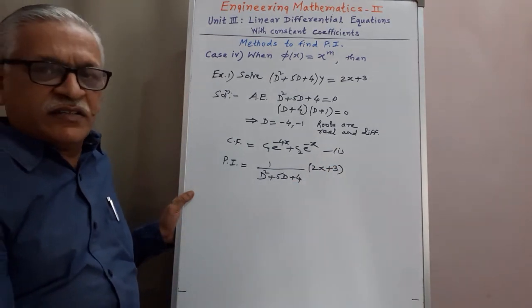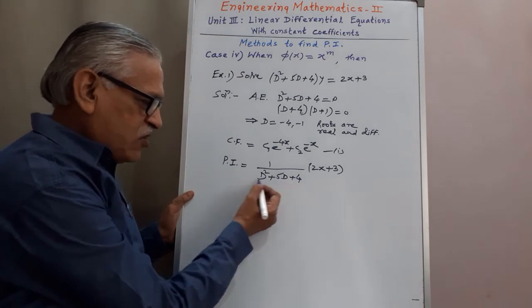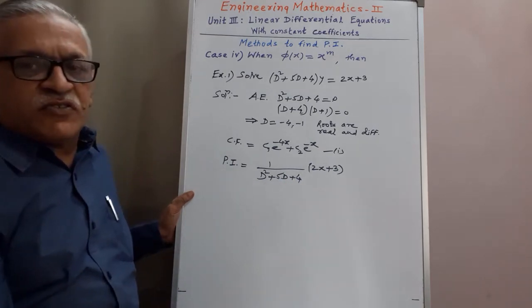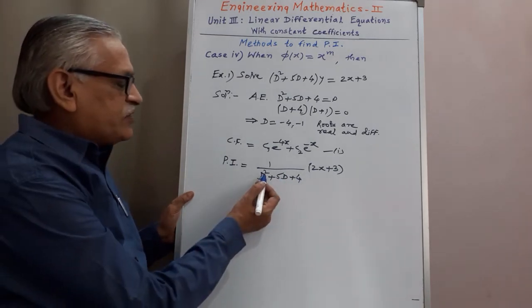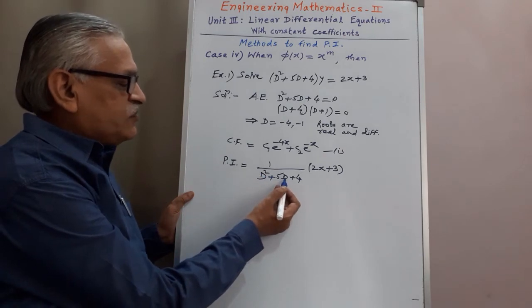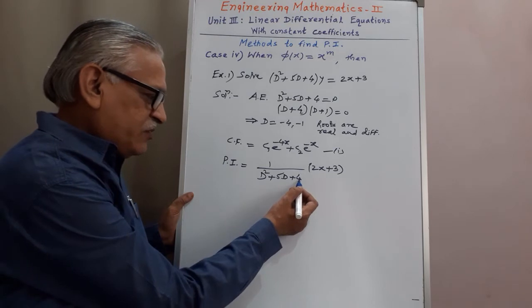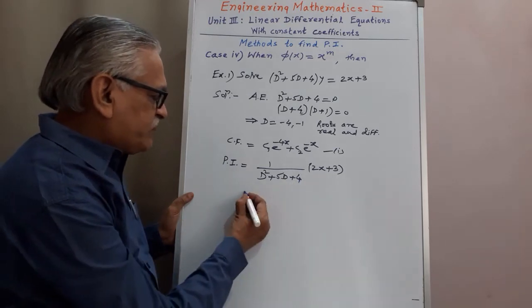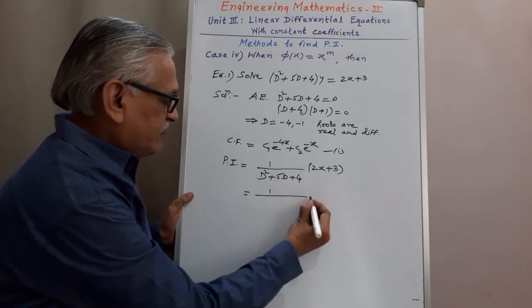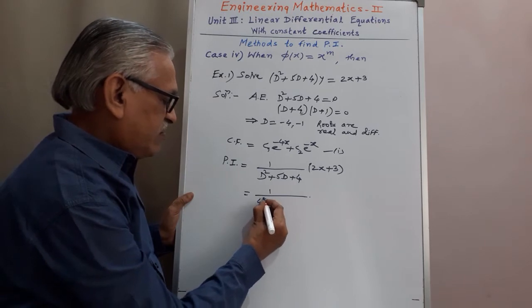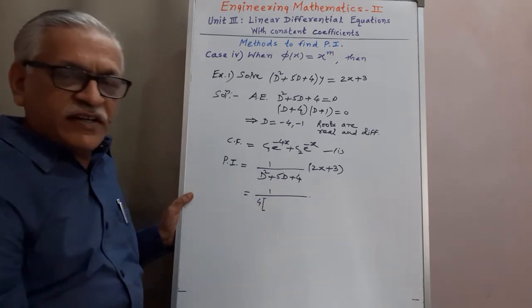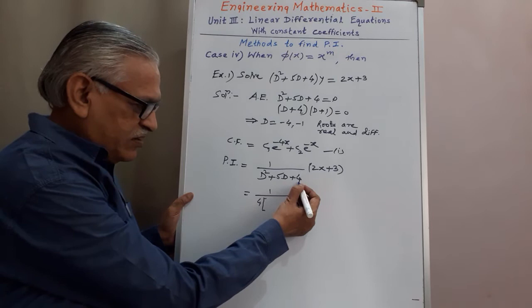Then applying the technique, from this denominator we have to take the lowest degree term as a common term. Here the degree of the first term is 2, the degree of the second term is 1, and the degree of the last term is 0. Therefore, we take this 4 as common from all of this. And then the remaining terms we write from right to left direction.